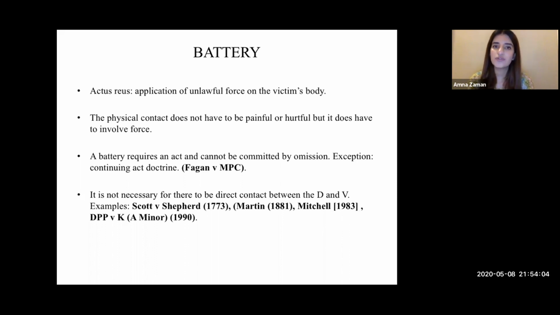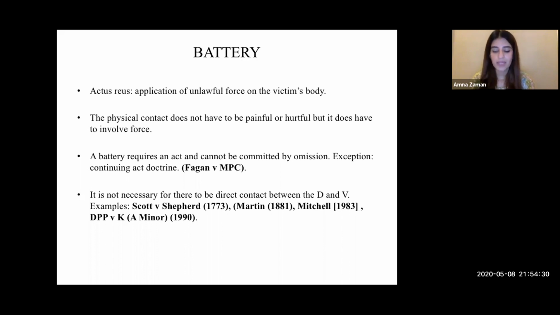When he was sued, his argument was that he omitted to act, which means he omitted to remove the car from the officer's foot. So omission cannot amount to a battery. The court rejected the argument, and the court said that his act of not removing the car will not be construed as an omission, but it would rather be considered as a continuing act.